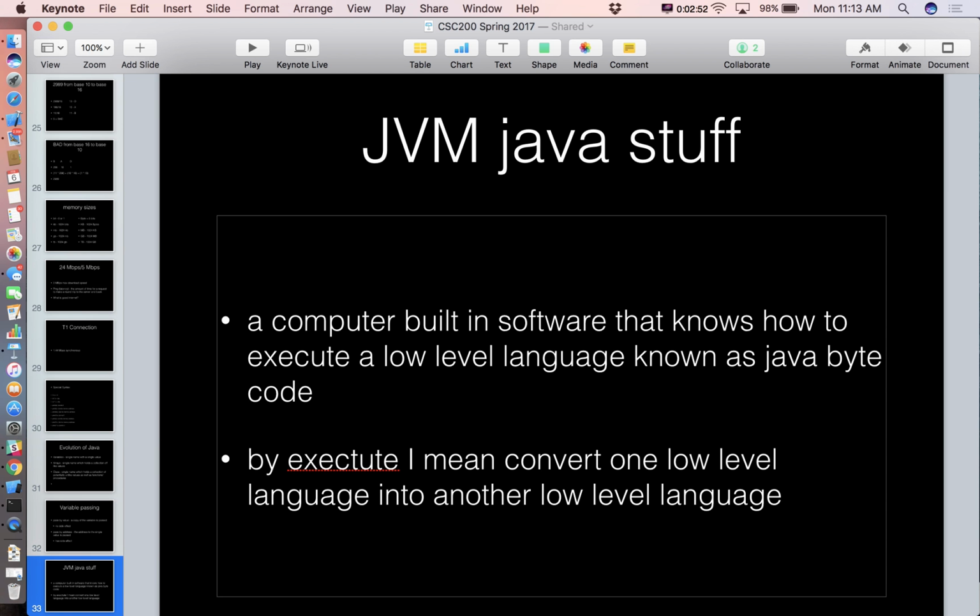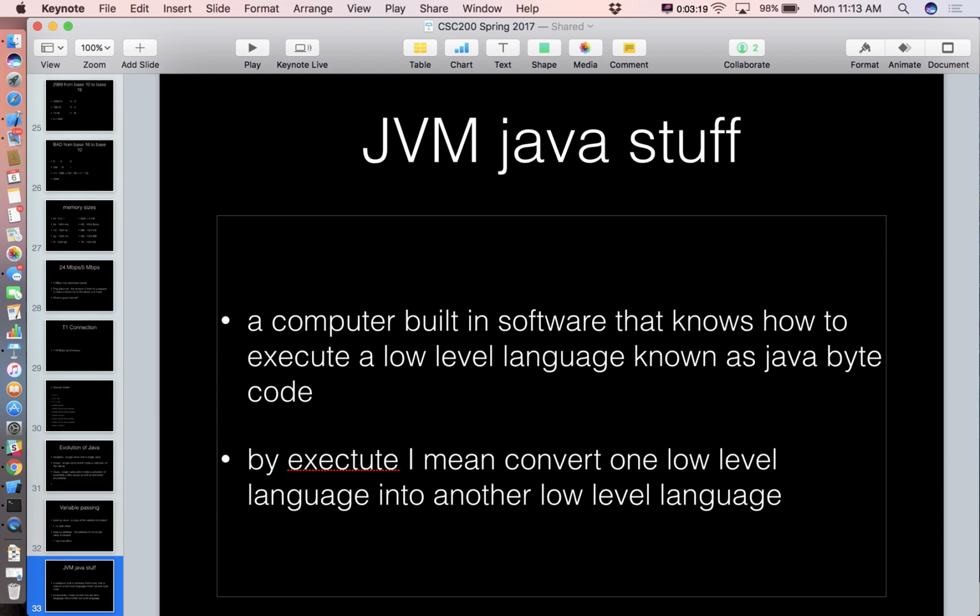If we were running the Java virtual machine on Linux and we wrote hello world, it would convert our Java bytecode, that low-level language, into the equivalent low-level language for the Intel architecture, which is likely the processor you're running Linux on, and specifically the Linux operating system, because it's got to use those system calls that we had talked about, right? So the virtual machine does that stuff.